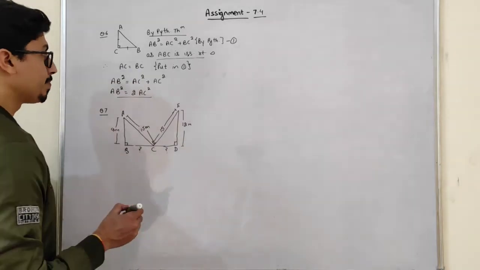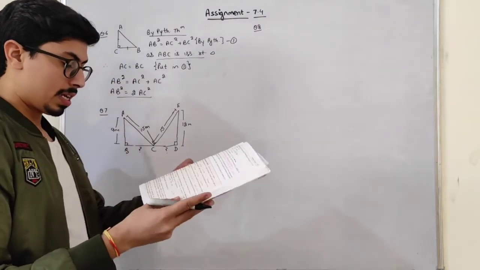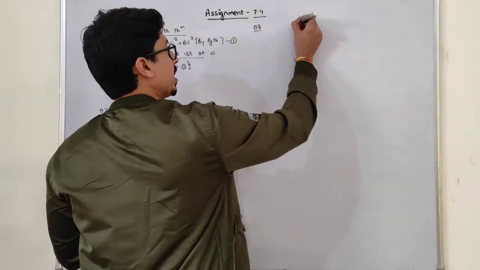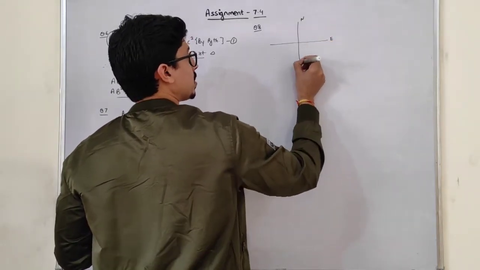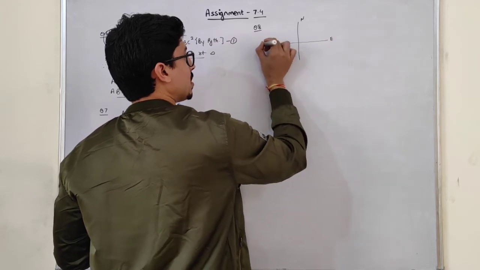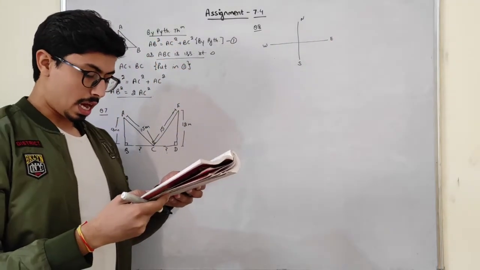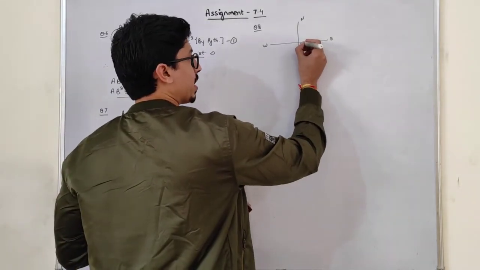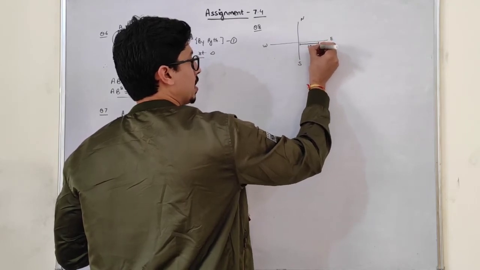See, in our question number 8, students, a man goes 10 meter due east. Okay, see, if I just make the directions, this is north, this is east, this is west, and this is south. A man goes 10 meter due east. From here he started and goes 10 meter due east.